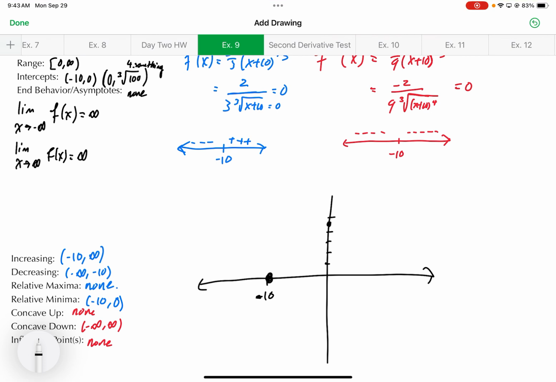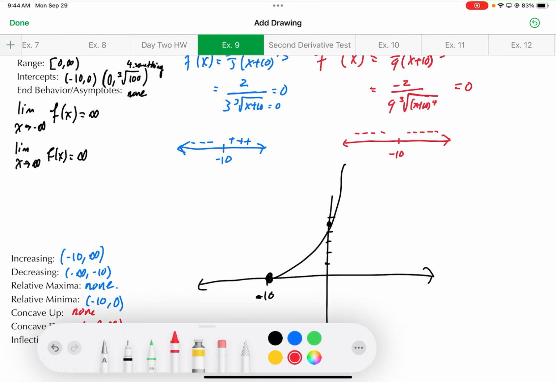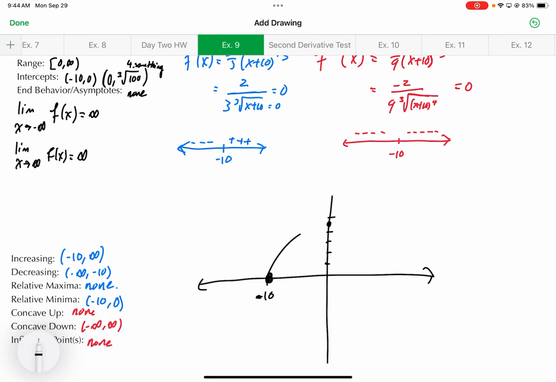So here-ish. Okay. Now, if I try to graph the right side, it is increasing from negative 10 to infinity, so I know it's going up. But it's going to be concave down. So it's going to spill water. So it's not going to look like this. Instead, it's got to do like the opposite kind of thing.